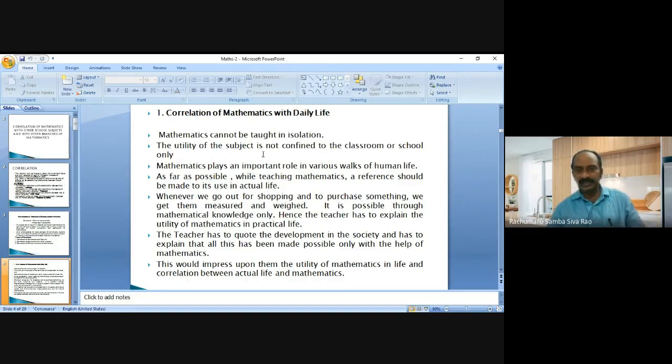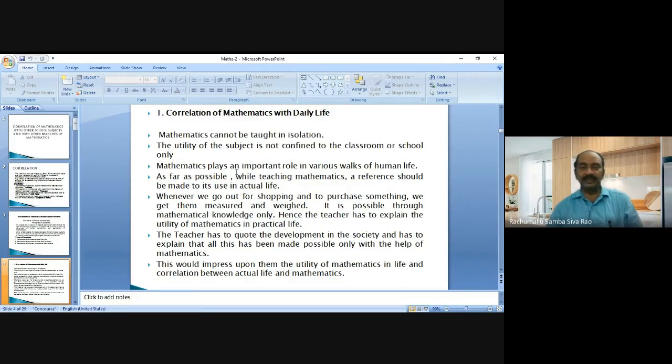Mathematics plays an important role in various walks of human life. As we discussed earlier, without knowledge of fundamental mathematics, a human being cannot survive or succeed in his life.